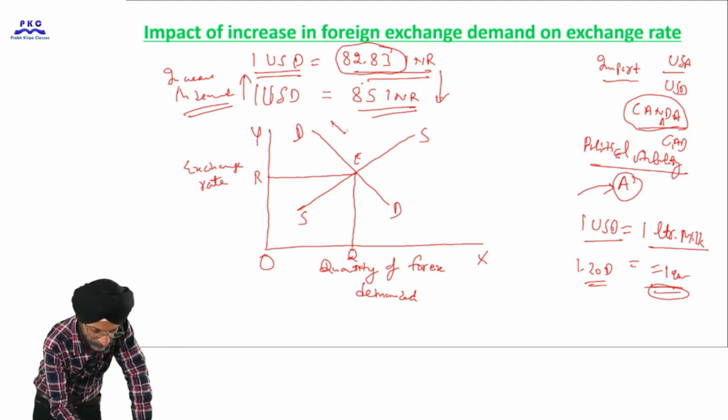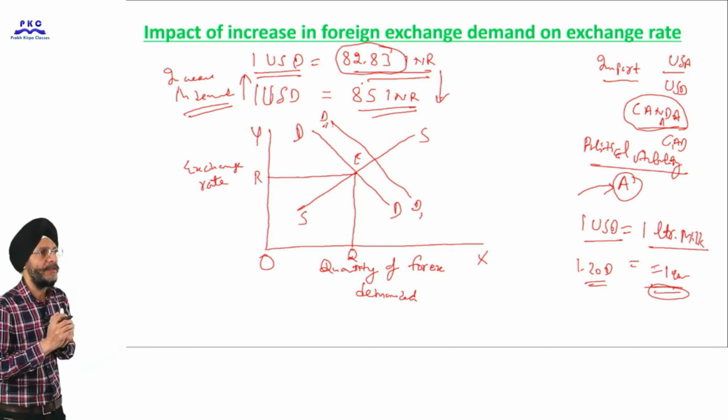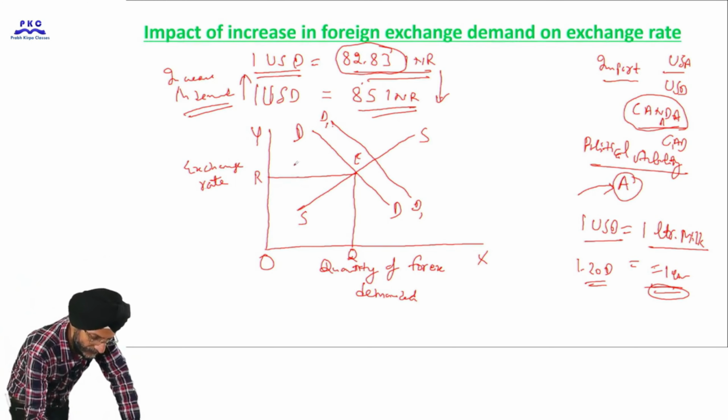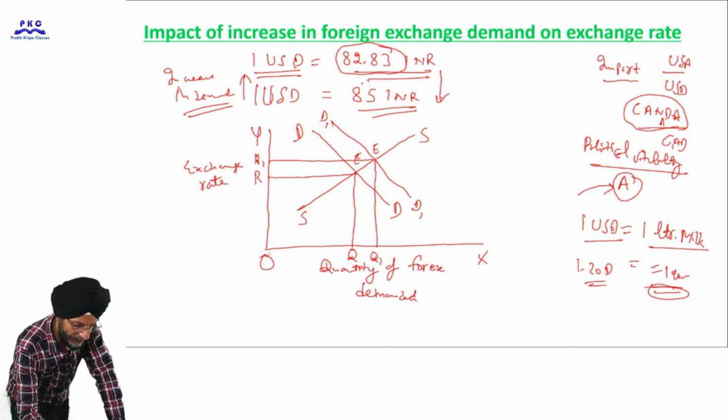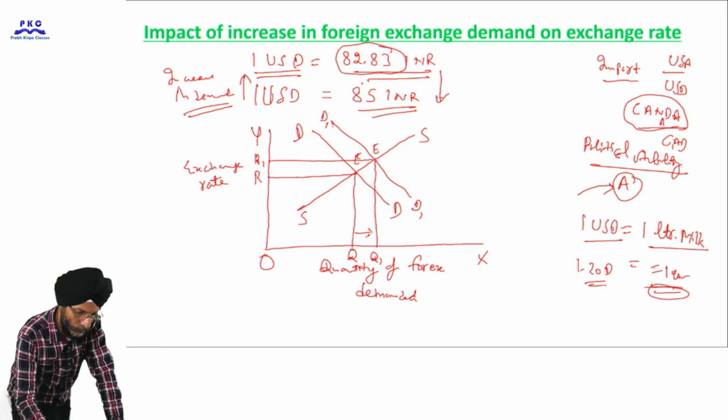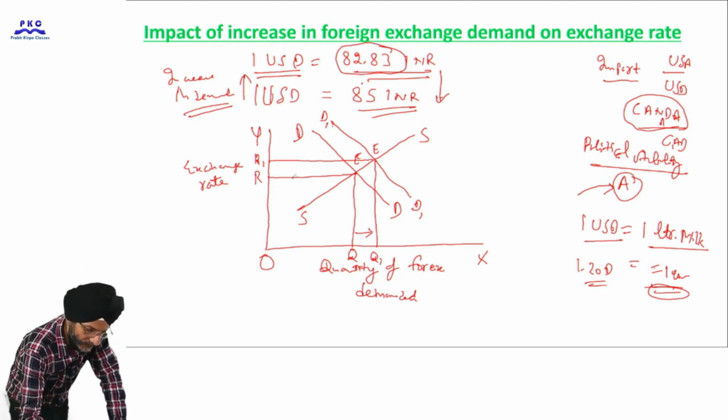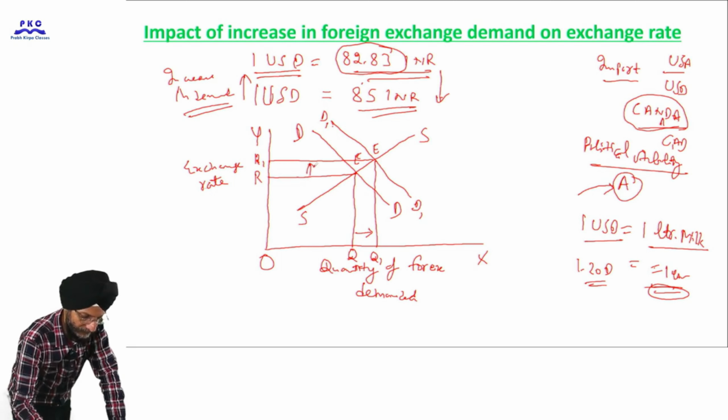The demand curve will shift upward. Equilibrium point also shifts upward. Rate increases. This is the quantity demanded. So when quantity demanded has increased from OQ to OQ1, the exchange rate has increased from OR to OR1.